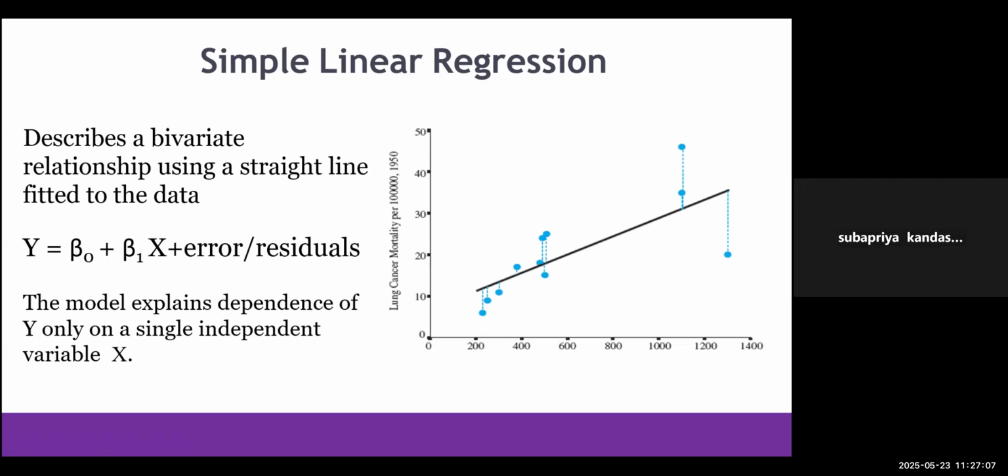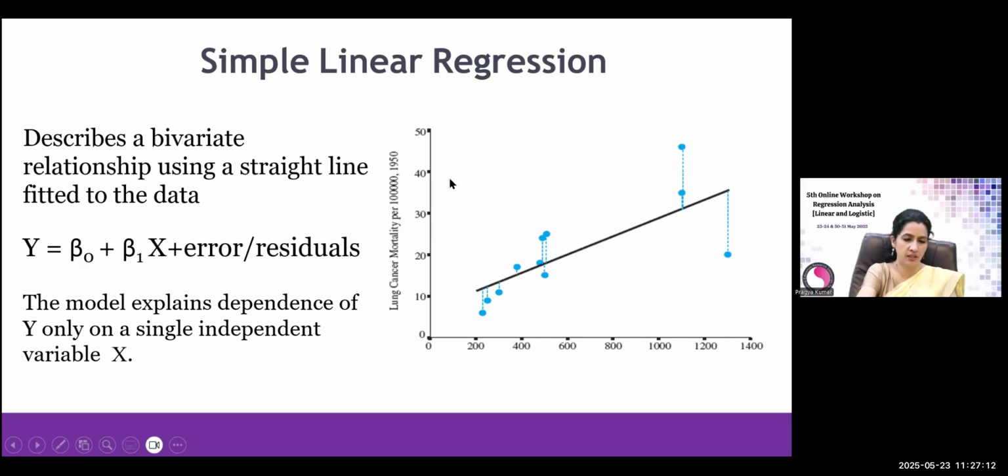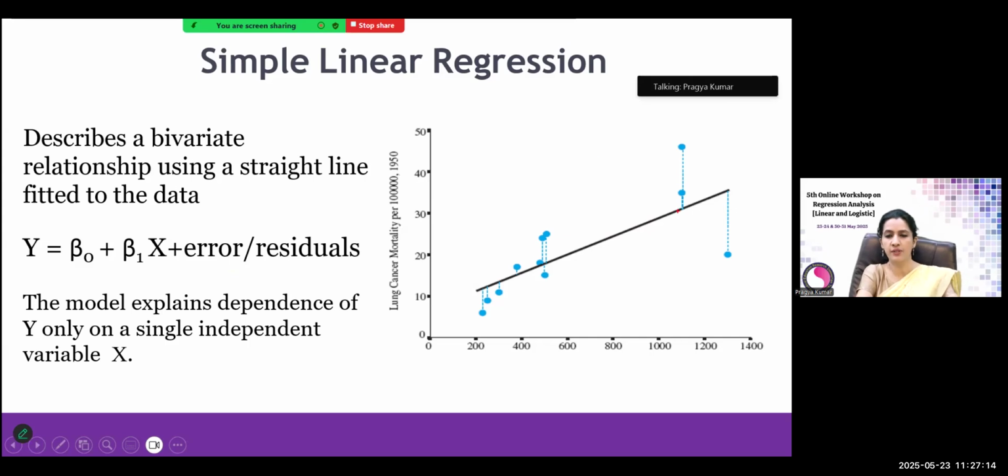If you see this line, you have to see the value of y. Since the y-axis is your dependent variable, you draw a line here and see the value here. This is your fitted, or predicted, one, and this is your actual. The difference between the actual and the predicted is this dashed line, and this is the residual.